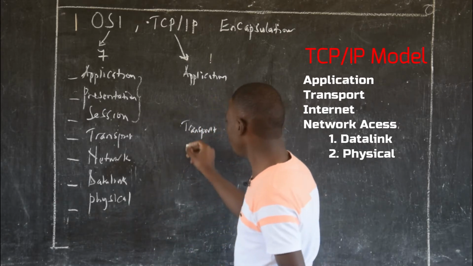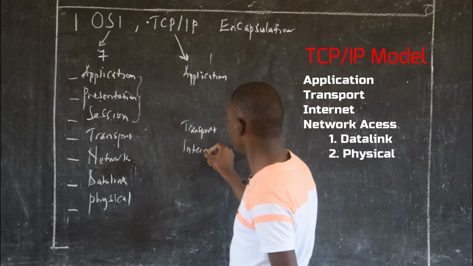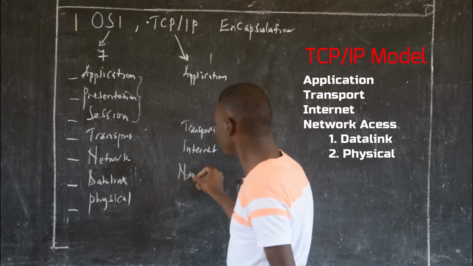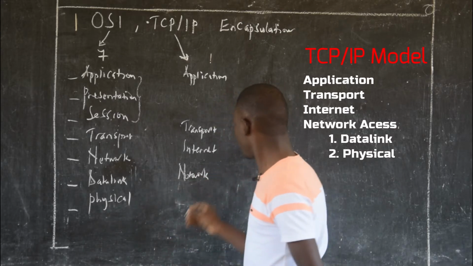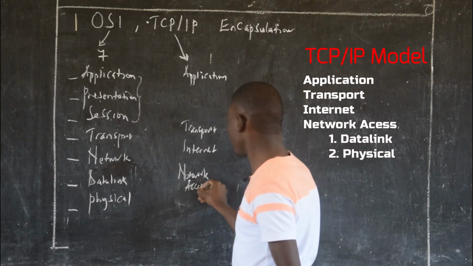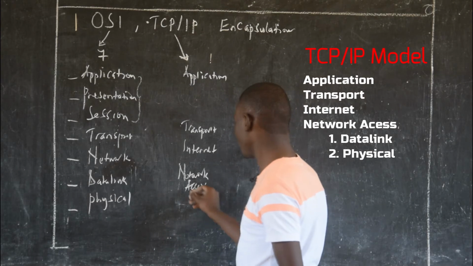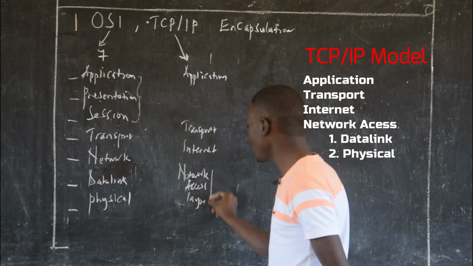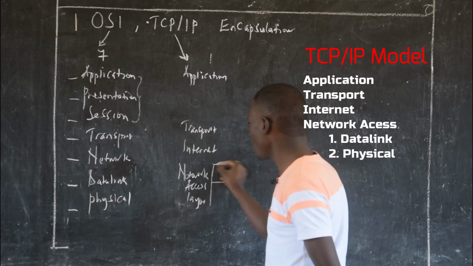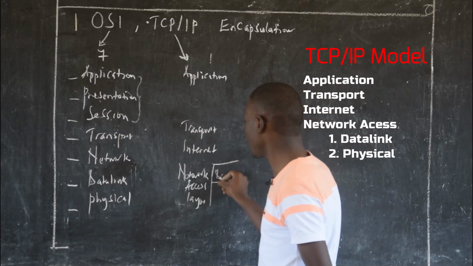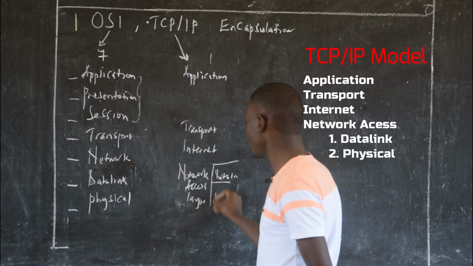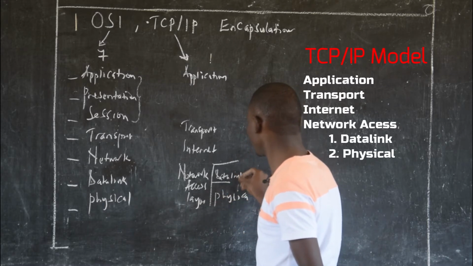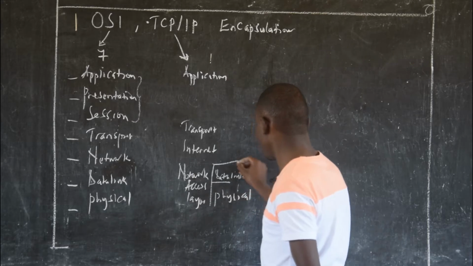We have what we call the internet layer. Then we have the network access layer. But under the network access layer, it is again divided into 2, whereby we have the data link layer and the physical layer.